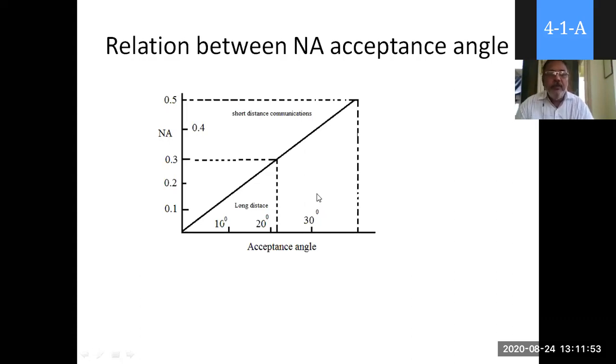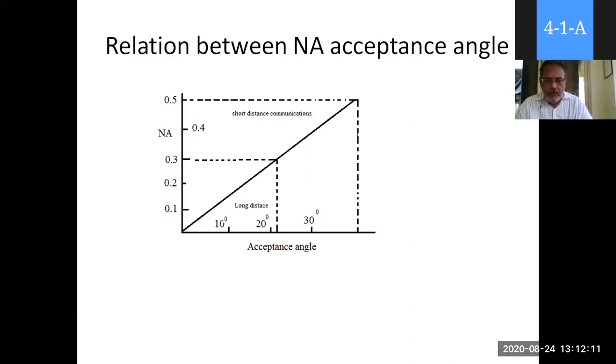See, a very important concept here: numerical aperture. What is numerical aperture? It is a figure of merit of the fiber, or its light gathering capacity.